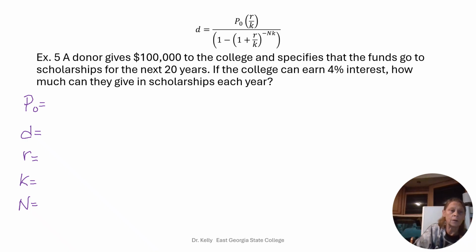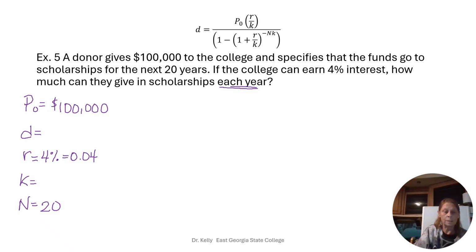Let's fill it in here. We start out with $100,000 and we got scholarships for 20 years. The college can earn 4% interest. How much can they give each year? So what is K? Each year means annually.